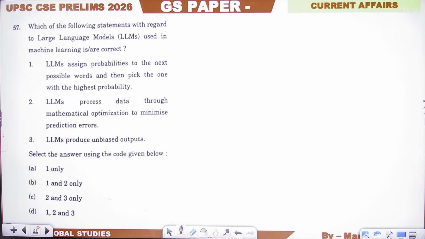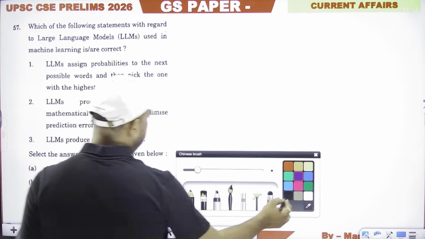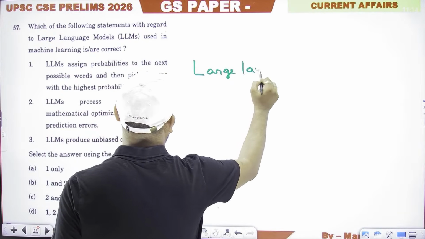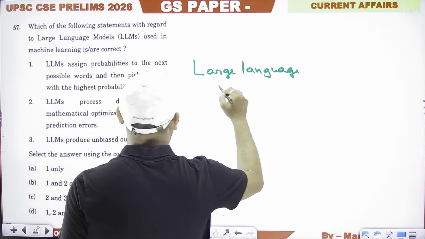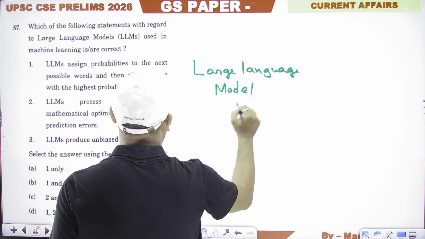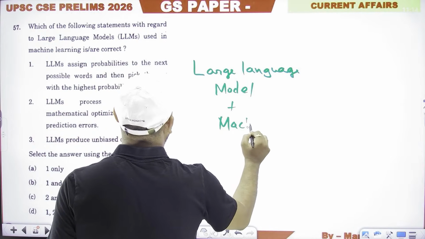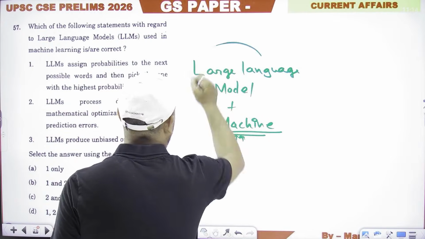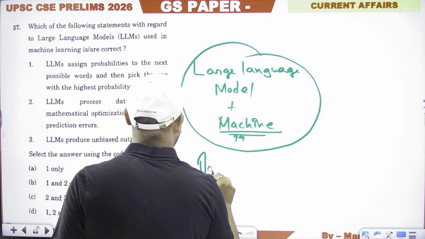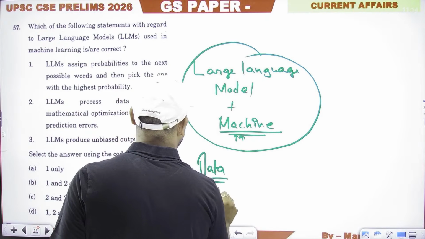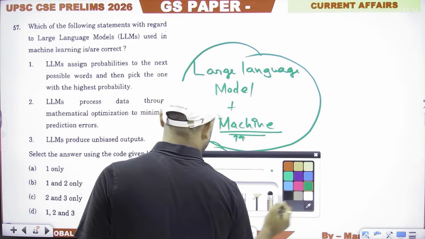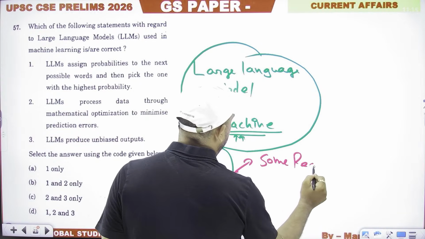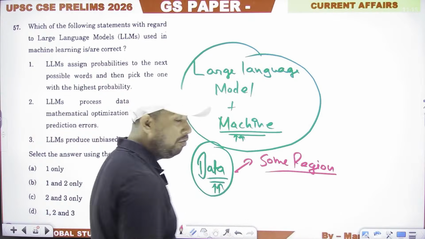The next question is about LLMs and machine learning. LLM is a large language model. Keep in mind that whatever the model is, for machine learning and deep learning, any kind of artificial intelligence works on data. If data is associated with some reason, some kind of politics, it will always be biased.